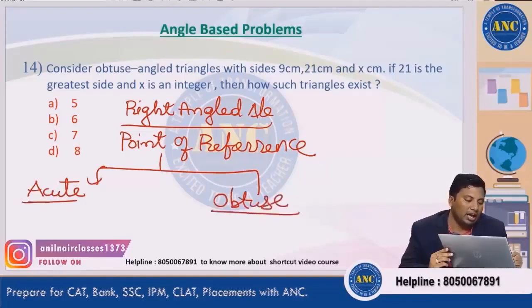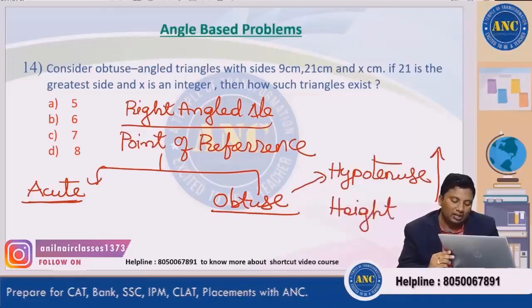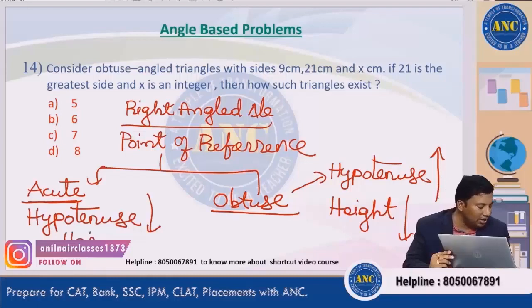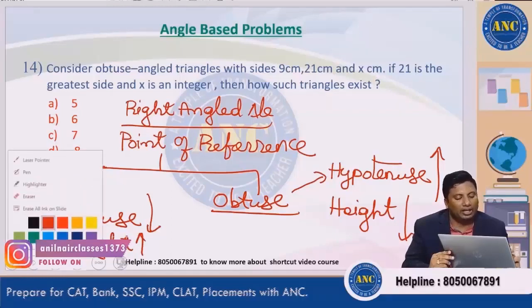In an obtuse angled triangle, hypotenuse value will grow. If hypotenuse increases, height will decrease. In an acute angled triangle, hypotenuse decreases and height value will increase. Please make a note of this very, very important key point.